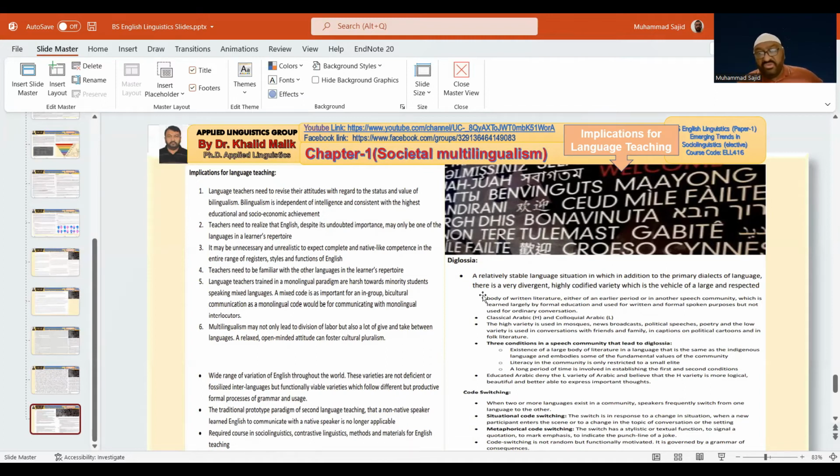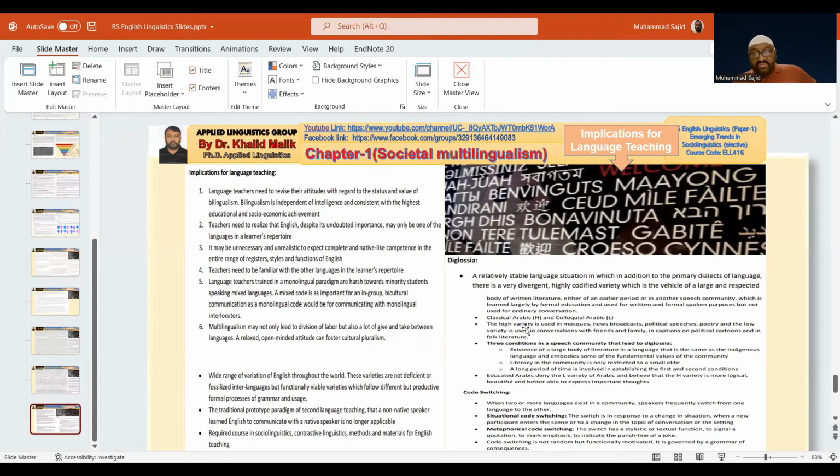So diglossia, I have already told you, has implications for language teaching. It is a relatively stable language situation in which, in addition to the primary dialect of the language, there is a very divergent, highly codified variety, which is the vehicle of a large respected body of written literature, either of an earlier period or in another speech community, which is learned largely by formal education and used for written and formal spoken purposes, but not used for ordinary conversation.